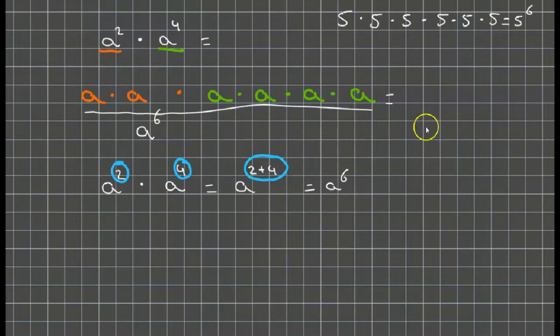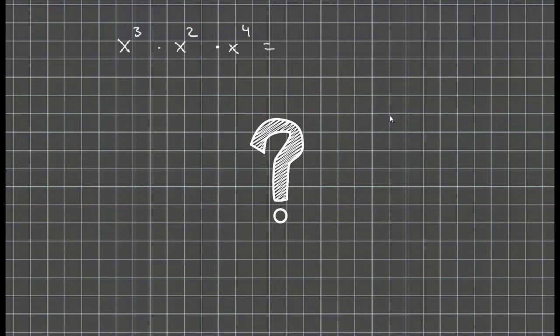Okay, knowing this, what would happen if I have x to the power 3 times x to the power 2 times x to the power 4? What's the answer to this question? How can I simplify this?